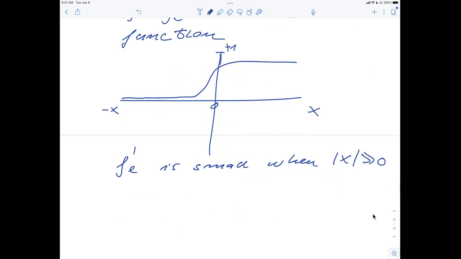This leads to an unfortunate problem when we are training neural networks, which is called the vanishing gradients.